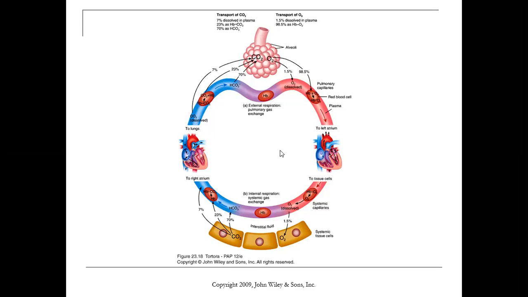And these three you can see over here in the blue blood, the deoxygenated blood present in the pulmonary arteries. Here 7% carbon dioxide goes to the alveolus, out from the body. Here the hemoglobin leaves the carbon dioxide, gets free, and that 23% carbon dioxide again goes to the alveolar air and goes out from the body.